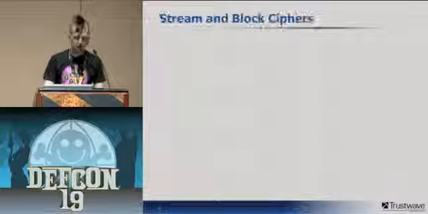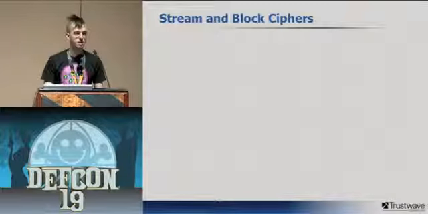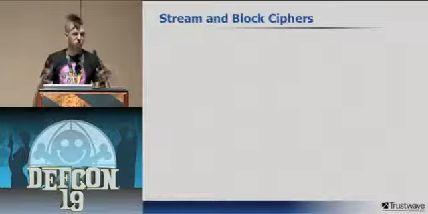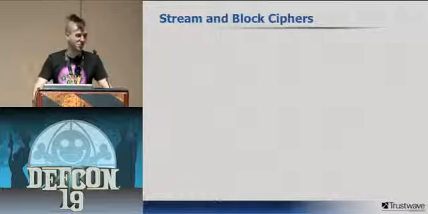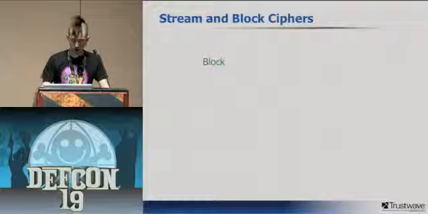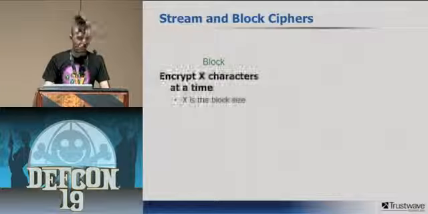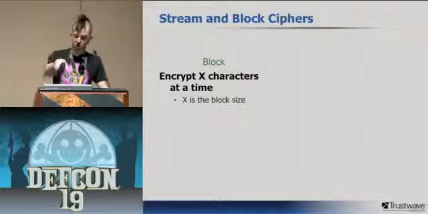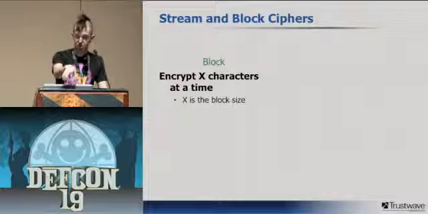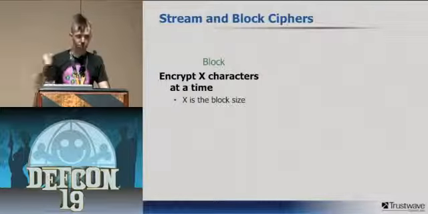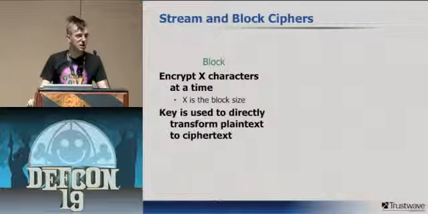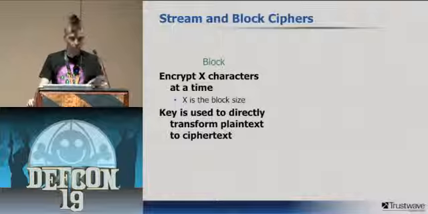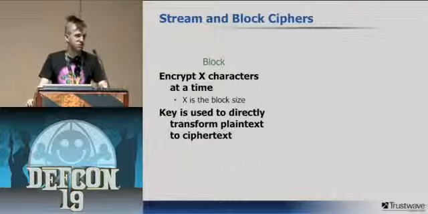We can split the set of ciphers into stream and block ciphers. If there are any cryptographers out there, maybe there's something else that I'm unaware of, and I apologize for that. With a block cipher, you take the message in chunks and encrypt each of them one by one. The key is used directly to transform the plaintext into the ciphertext.